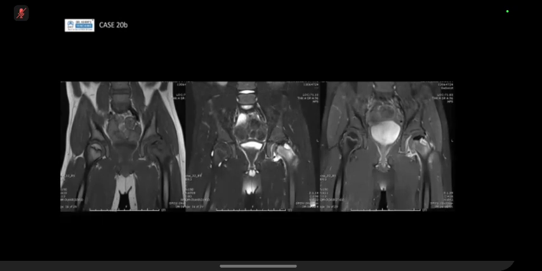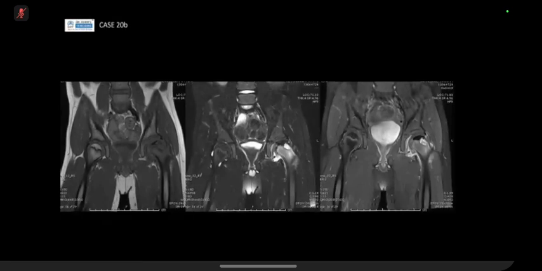Are you adding more to your diagnosis, or are you keeping the same diagnosis? No, I want to change the diagnosis because this doesn't look to be avascular necrosis. This looks to be a T2 hyperintense area in the neck of the femur with surrounding edema.